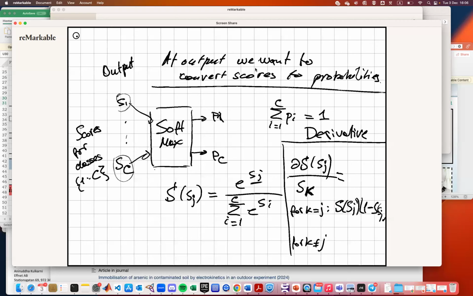So again, despite the fact that we have this exponentiation in the forward computation, the derivative is computed based on previously computed numbers. And so for the other case, it is Sj multiplied by Sk.